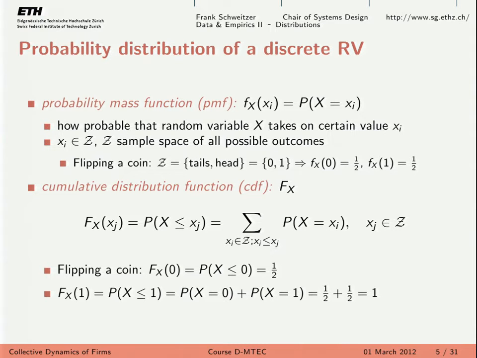That's the meaning of it. Here's one example. Of course, we have to think of the sample space of the possible outcomes. So, what is the sample space of the possible outcomes for firm sizes? Any idea?